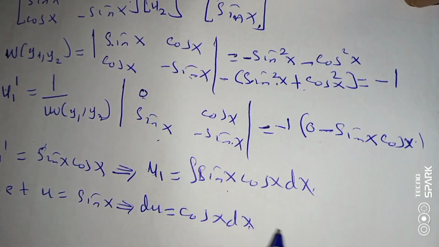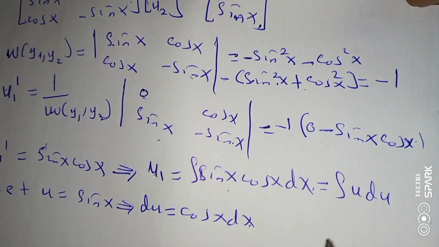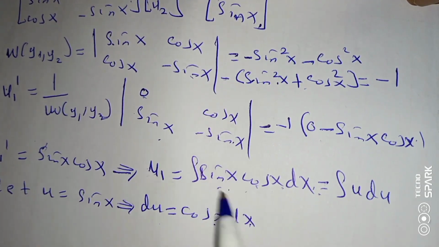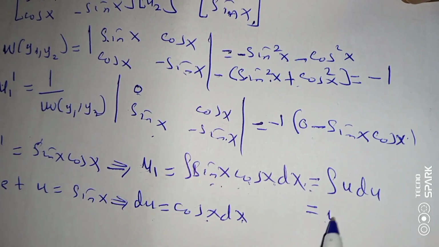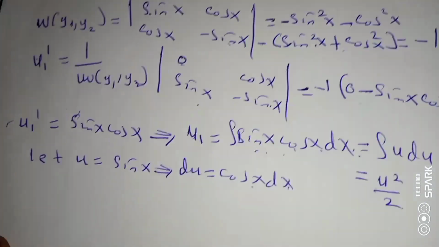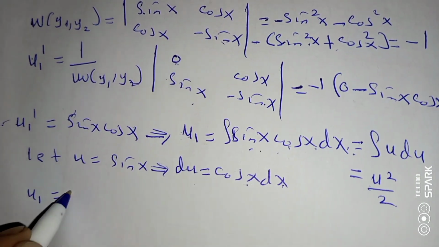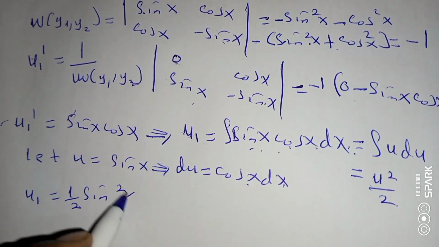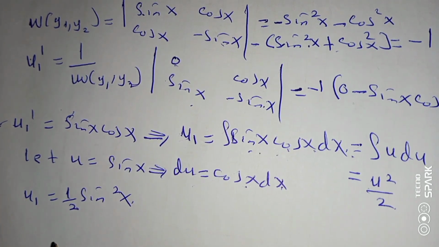You can substitute here so that you have the integral of u du, substituting cos of x dx with du and sine of x with u. When we integrate u with respect to u, the result is u squared over 2. Then u1 is equal to half sine squared of x.